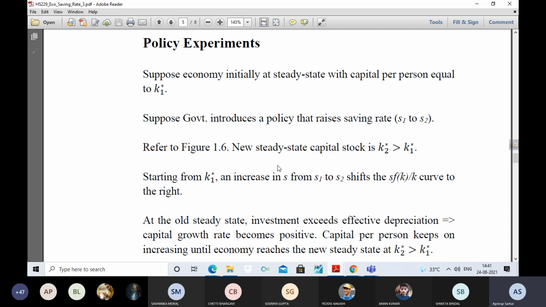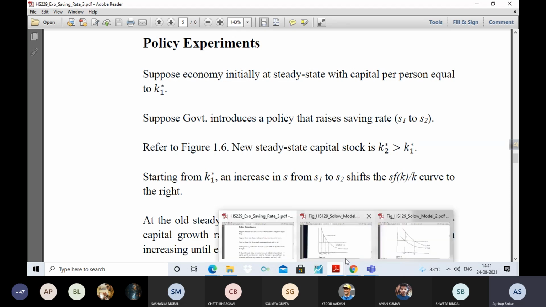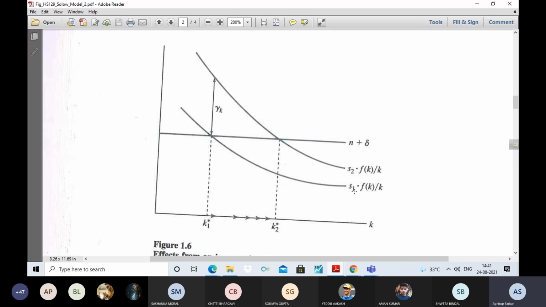Now, in terms of the figure, what would happen? How would the sf(k) schedule change if there's an increase in saving? Of course, there would be a rightward, outward shift in the sf(k) by k schedule.